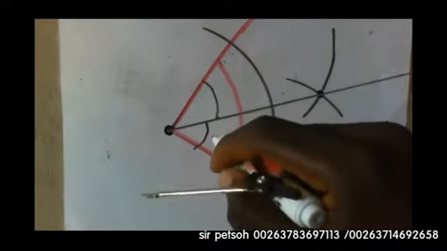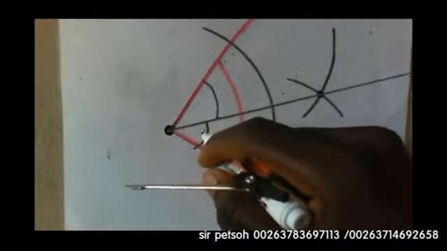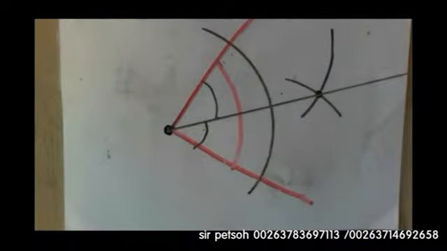Also this one should be 30 degrees. Bisection of an angle is very useful. We use it to construct an angle of 45 degrees and an angle of 30 degrees.